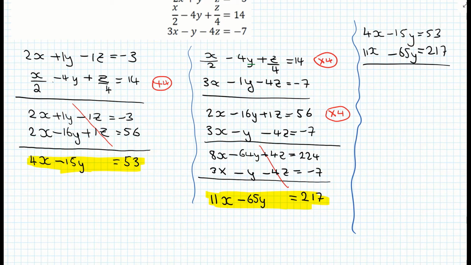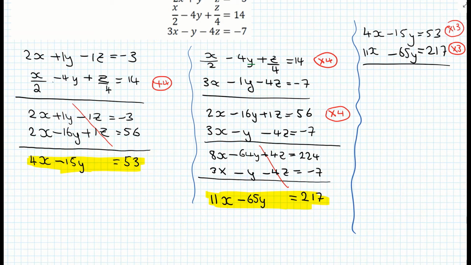If I'm focusing on cancelling the y's, I need to find what I can divide 15 and 65 into, and they will both divide into 195. So I need to multiply to get 65 to become 195. I need to multiply the bottom line by a 3, and to get 15 into 195, I need to multiply the top line by a 13.